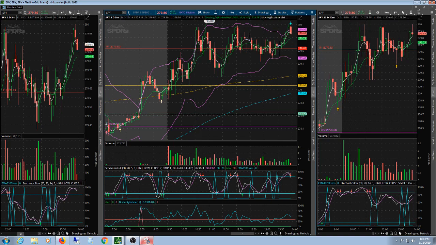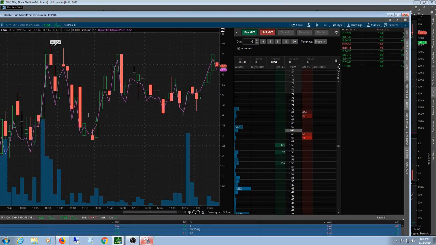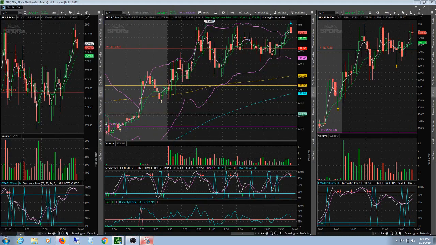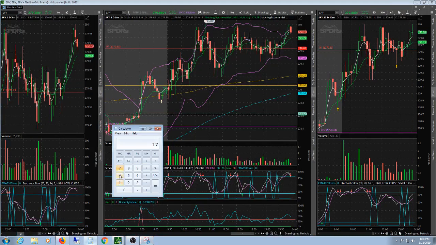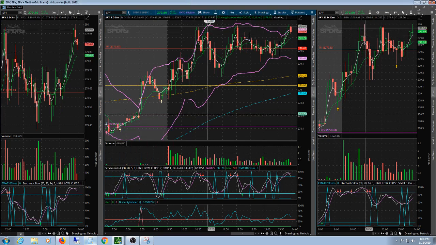You see it right here, $1.74. So I bought them at $1.25. They made it up to $1.74. 174 minus 125 divided by 125, around 39%. I could have made 39%. Not that I would have, but the potential was there.